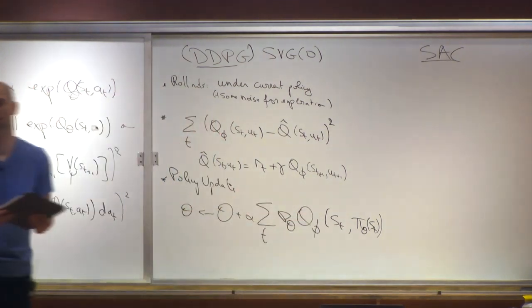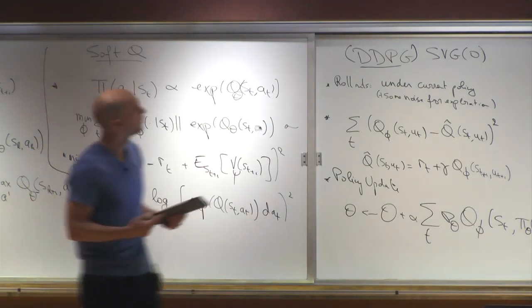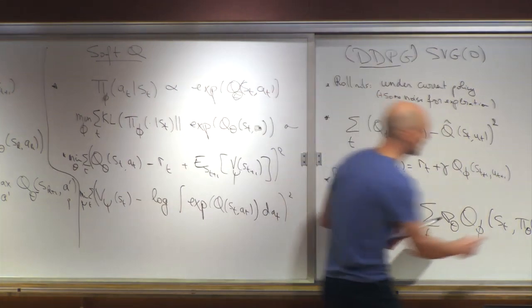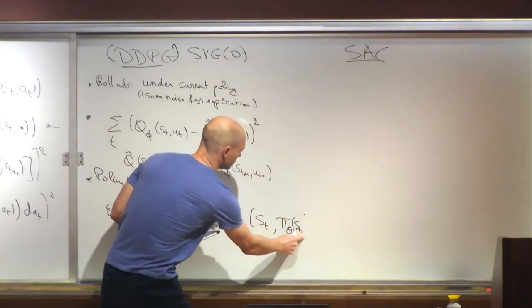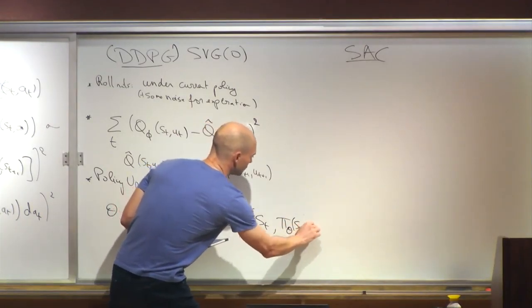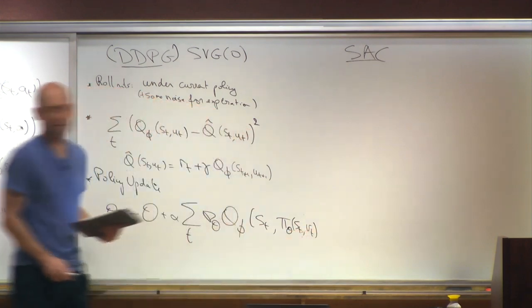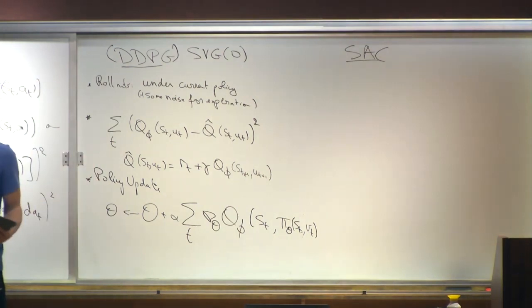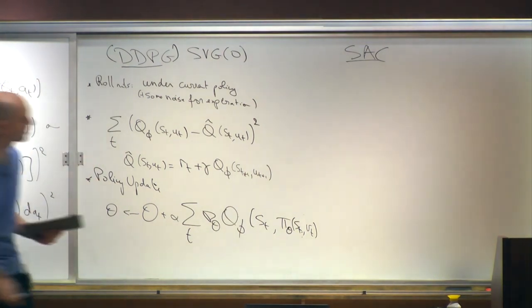Now we said we're going to have some noise for exploration, so the policy might have some Gaussian noise called vt that goes into it. When you act under the current policy, you sample some noise that gets fed into the policy, and your action will be somewhat noisy as a consequence.